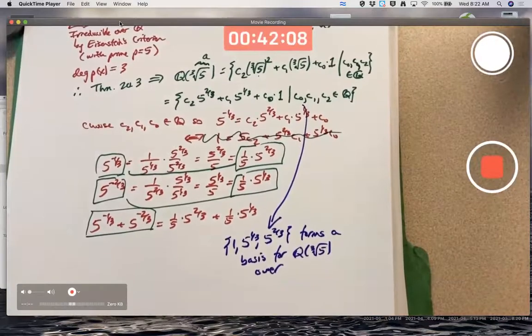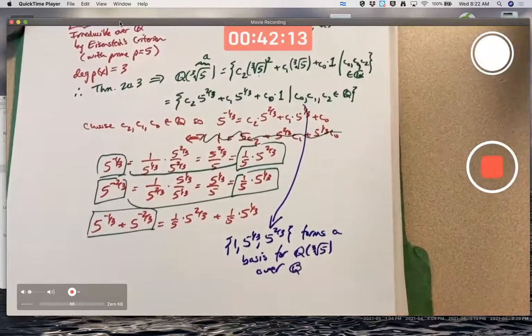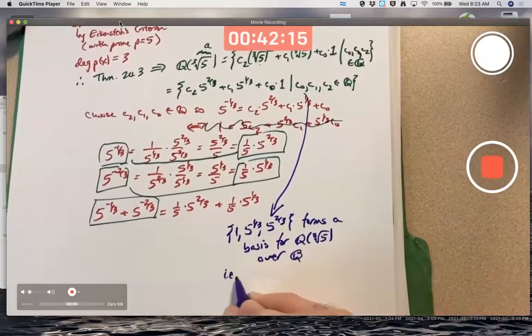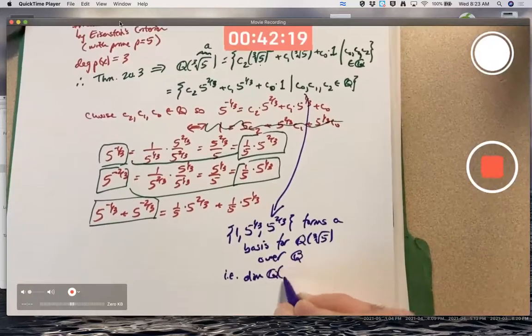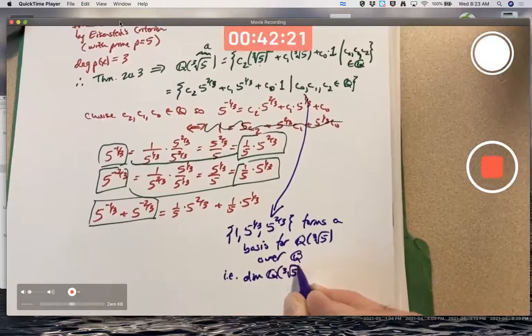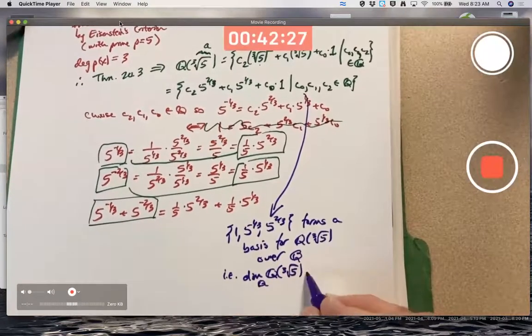It's over the base field, so to speak. It's over Q. I.e., the dimension of the vector space, if you want to think of it as a vector space, Q of cube root of 5 over Q, is 3.